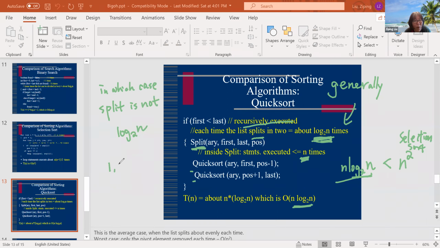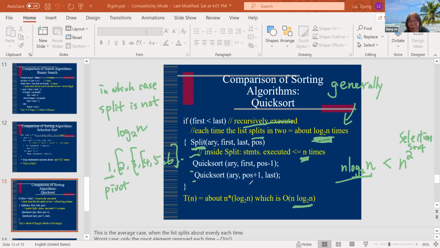Just think about if you have 1, 2, 3, 4, 5, 6, and suppose it's already in ascending order, and this is the pivot. Do you divide by 2? No, because each time it's just your sublist shrinking, so this won't go with log 2.